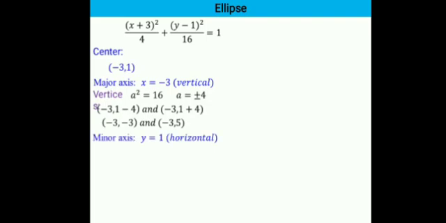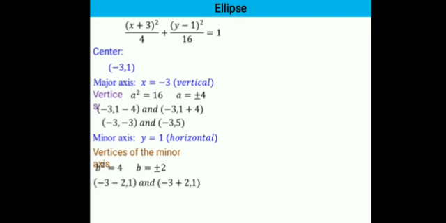Minor axis at y equals 1. Vertices of the minor axis, b squared is equal to 4, that is b is equal to positive negative 2. Coordinates, we have negative 3 minus 2, 1, and negative 3 plus 2, 1. And that is negative 5, 1, and negative 1, 1.